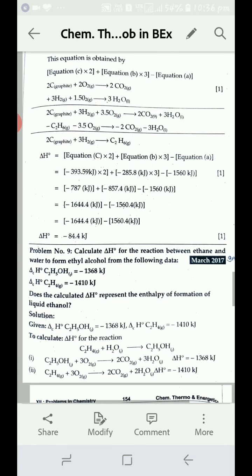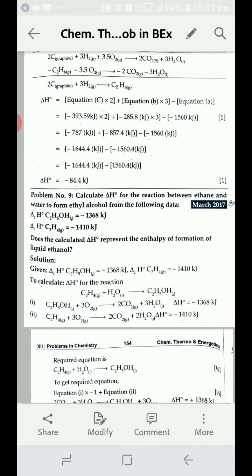Then how will you calculate the required equation by using equation number 1 and 2? So you want C2H4 on the left side and C2H5OH on the right-hand side. So for doing this, equation 2 minus equation 1, that is the simple way.